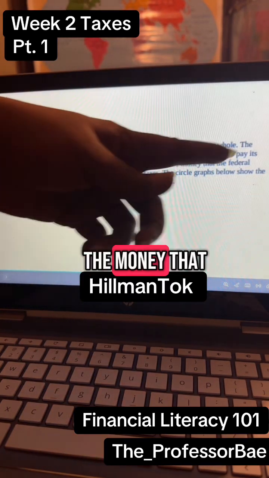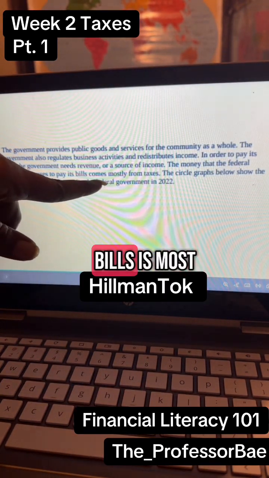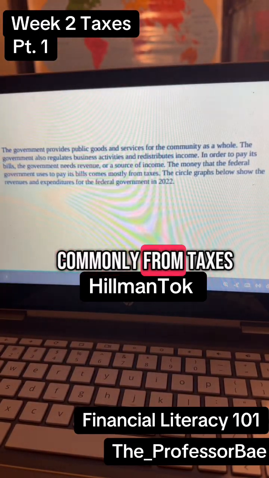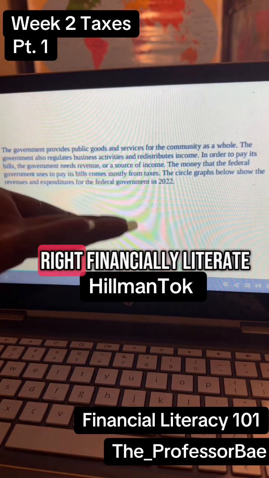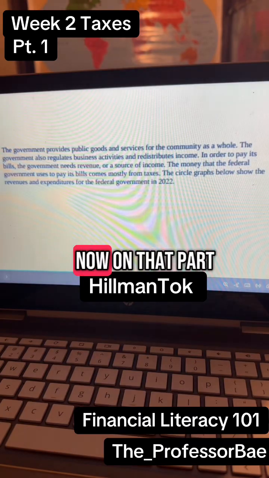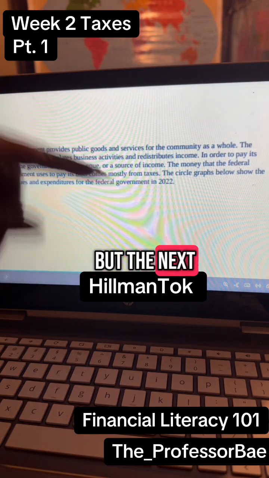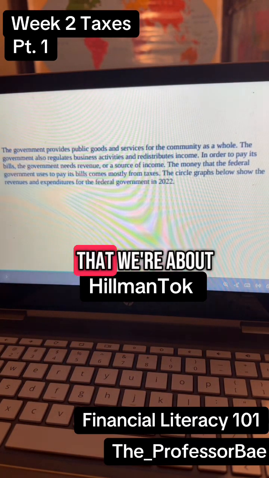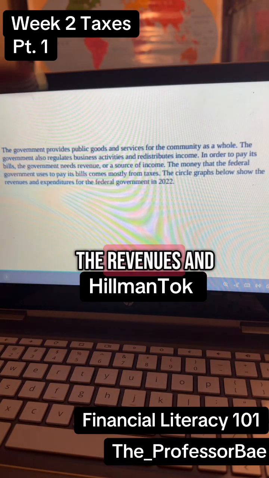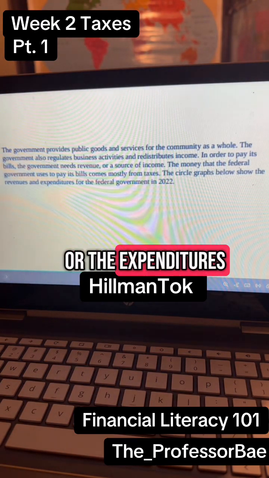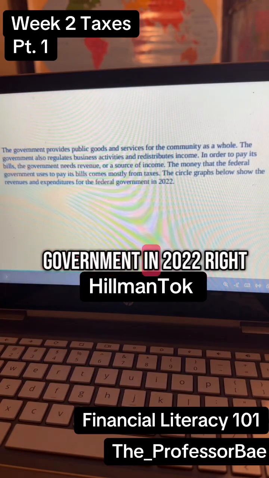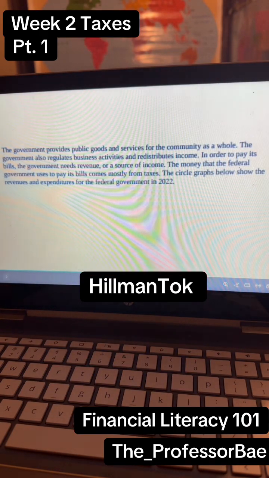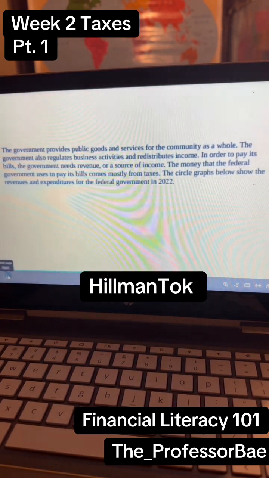So, the money that the government uses to pay its bills is most commonly from taxes, right? Financially literate now on that part, but the next graph we're about to see, this circle graph, is going to show the revenues and the outlays or the expenditures for the federal government in 2022, right? Let's look at it.